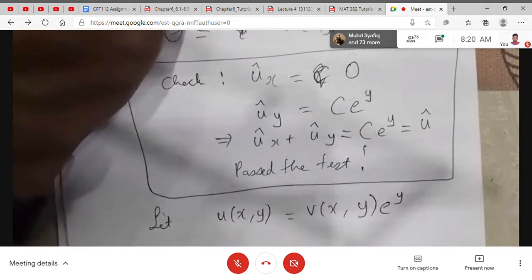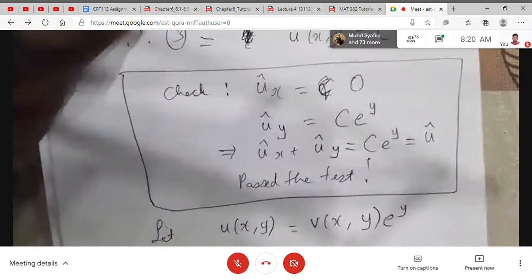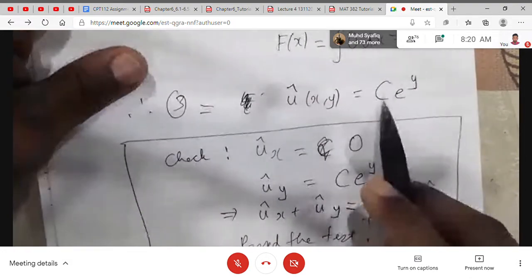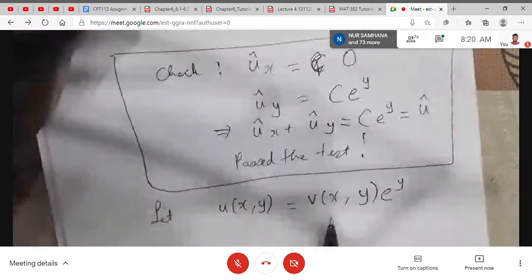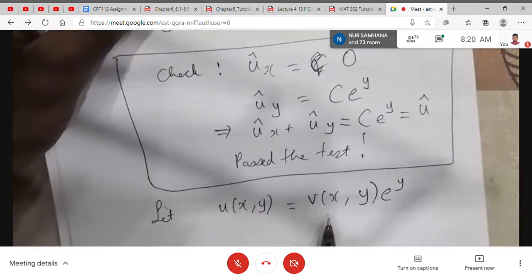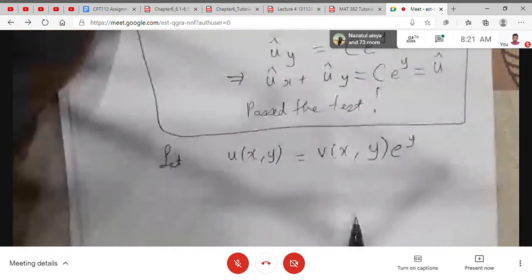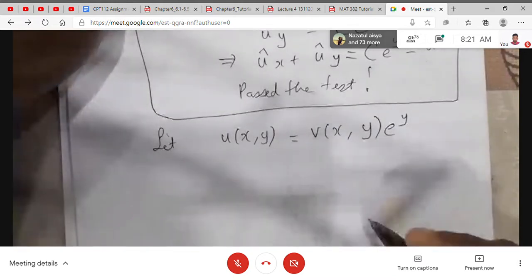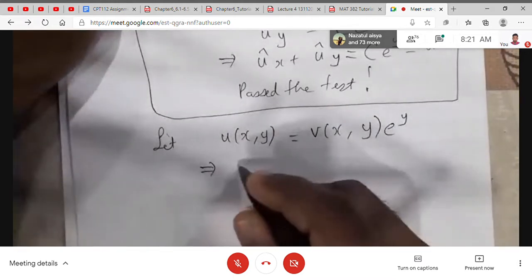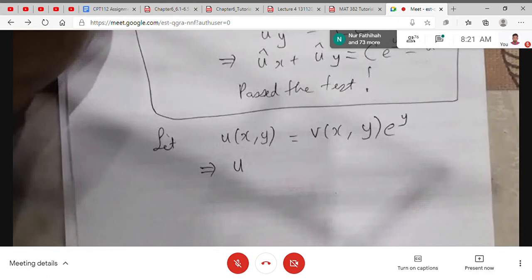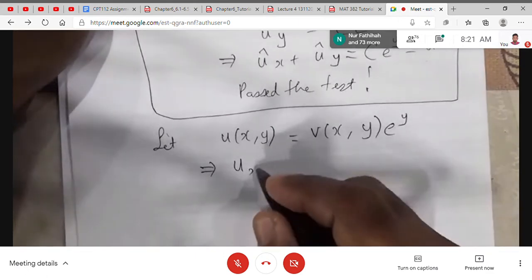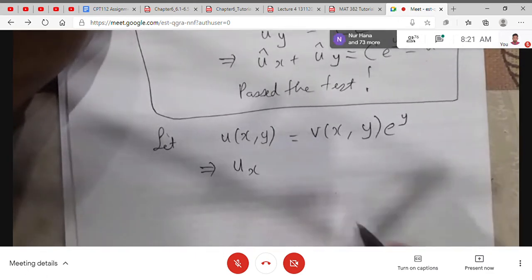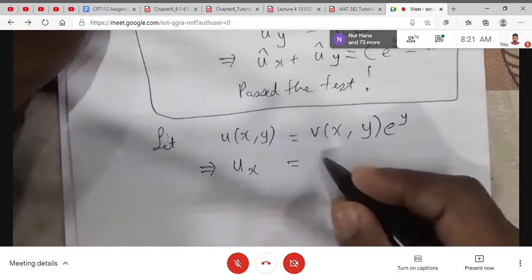This is the variation of parameters. You know what's the meaning of variation of parameters? Change the parameter. This is a constant. Change it to a function. Into a function. Okay. So now you want to substitute into the original equation. So you need to find ux.